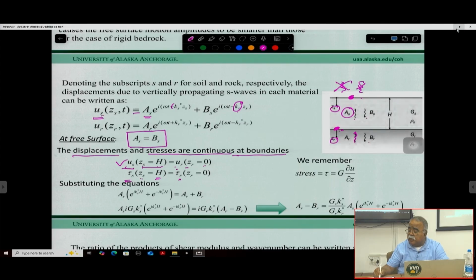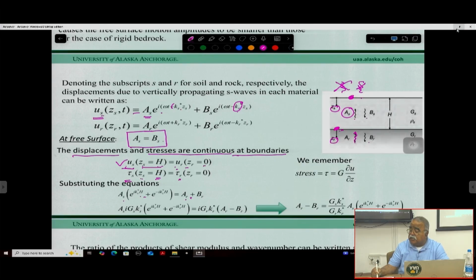So if you put your H terms here, because U_S at H means instead of Z_S, we put H, so A_S equals A_R plus B_R for this one, because all the other terms for A_R and B_R will be equal to Z equals 0.